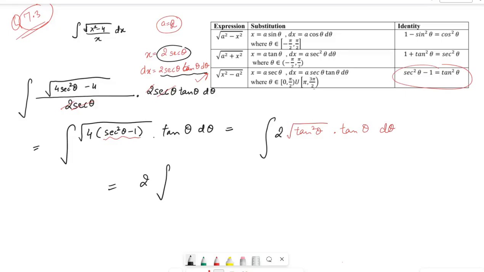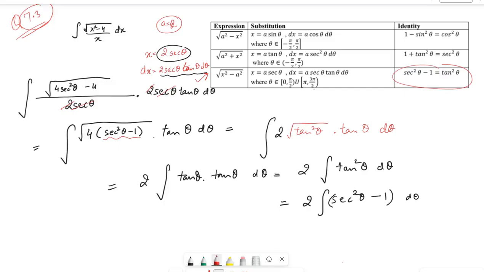The square root of tangent squared theta is tangent theta, times the tangent theta that is already there, d theta. This becomes tangent squared theta d theta. Now we don't really have a direct method to find the integral of tangent squared theta. So we can replace tangent squared theta by secant squared theta minus 1.